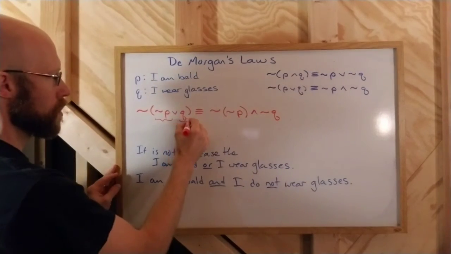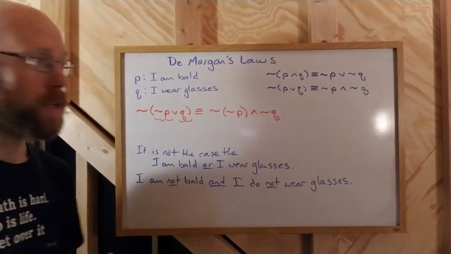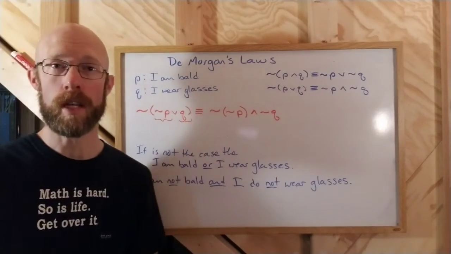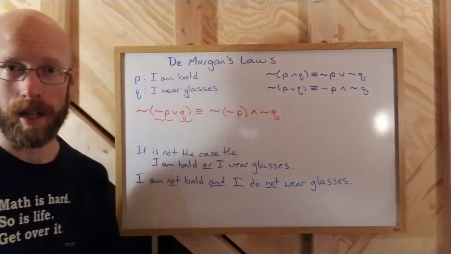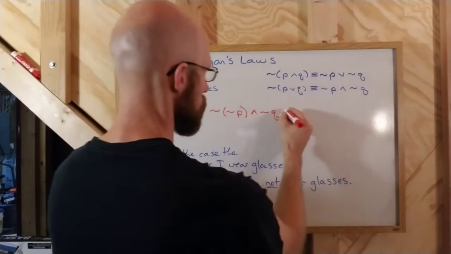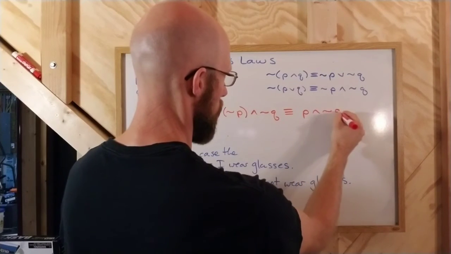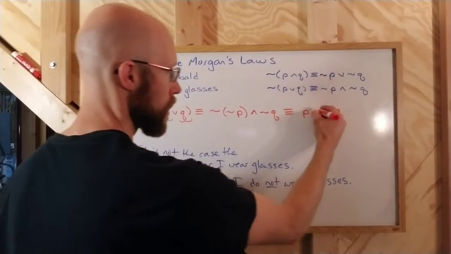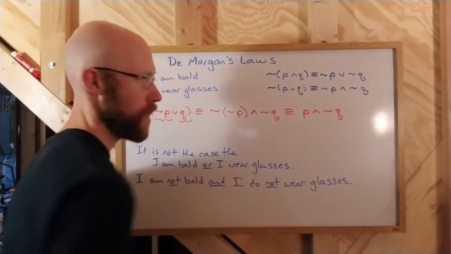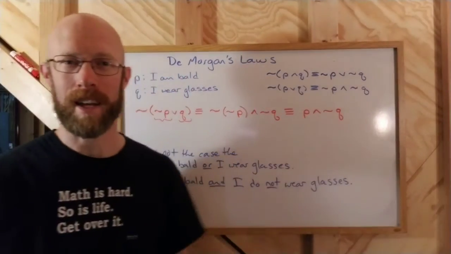I have to do both of those. Now the double negation we've already seen is equivalent to not having a negation there at all, right? And so this is actually equivalent to P and not Q. Oh, I'm sorry, P and. That's an and. Looks like an A, right? P and not Q. All right.